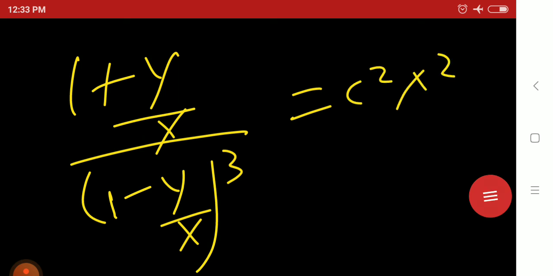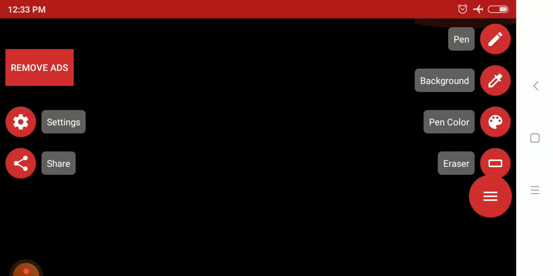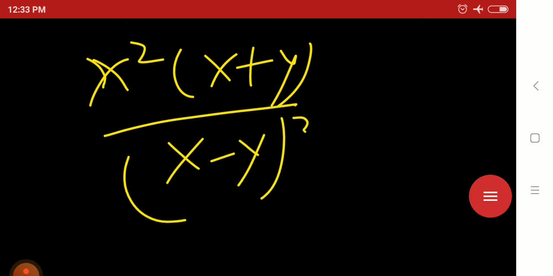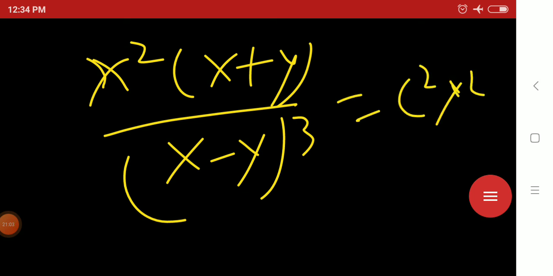After simplifying it, you will get x square, x plus y divided by x minus y whole cube, equals c square x square.